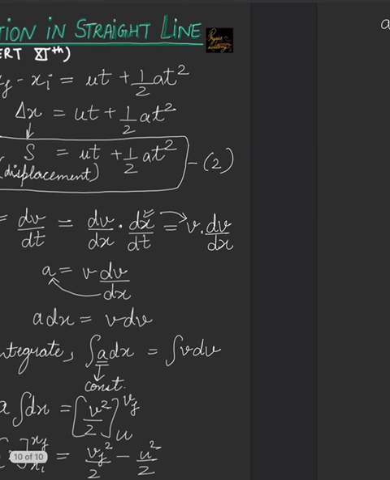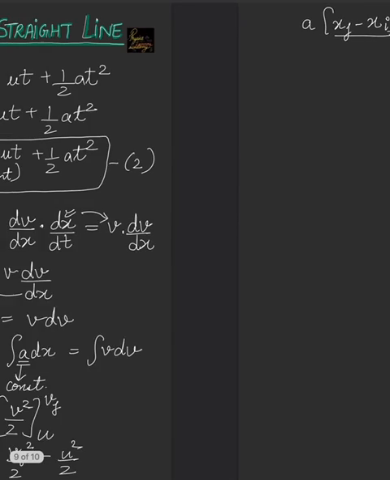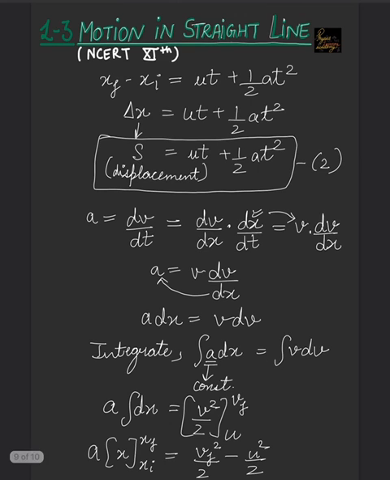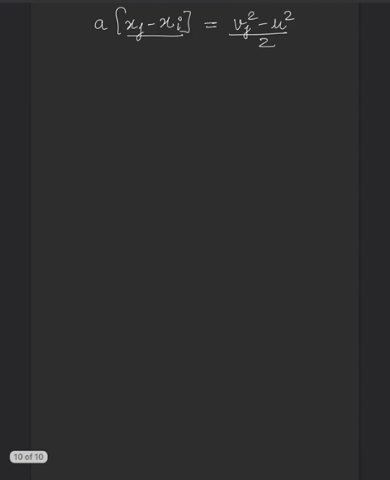What we do here is we had a with xf minus xi. Here we have vf square minus u square by 2. xf minus xi was what? Delta x, which can also be written as s.